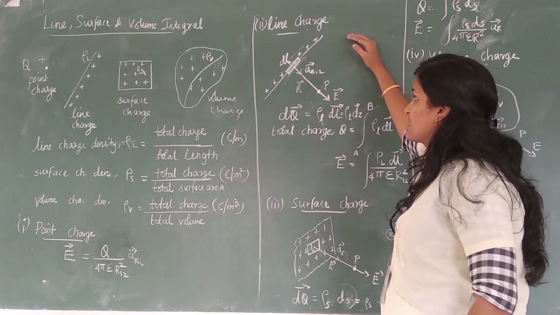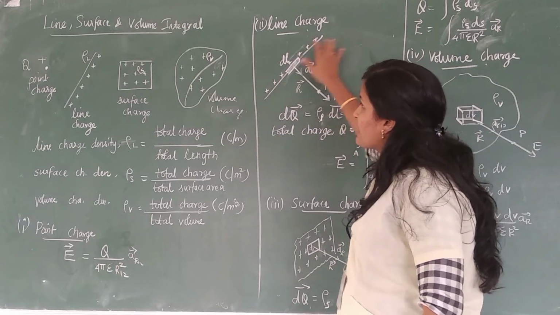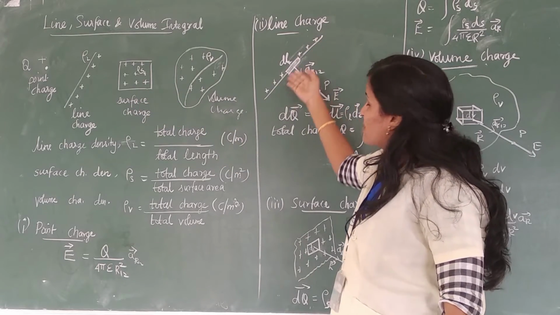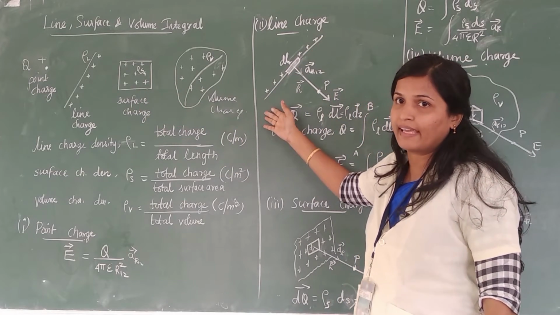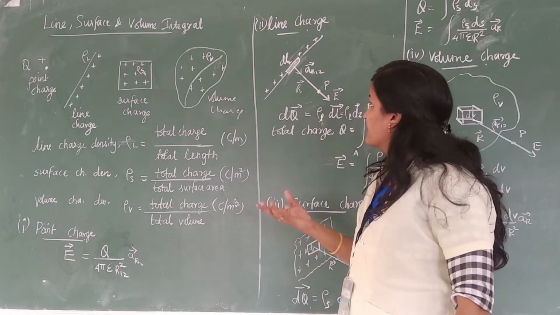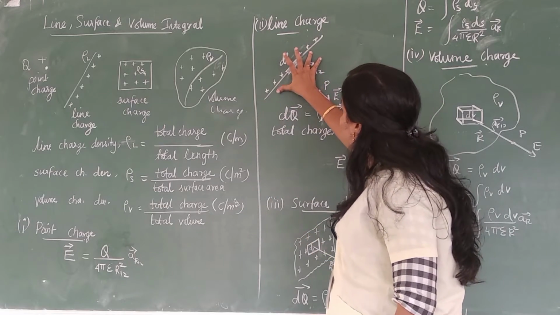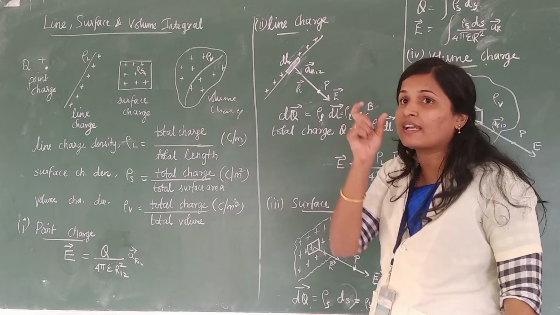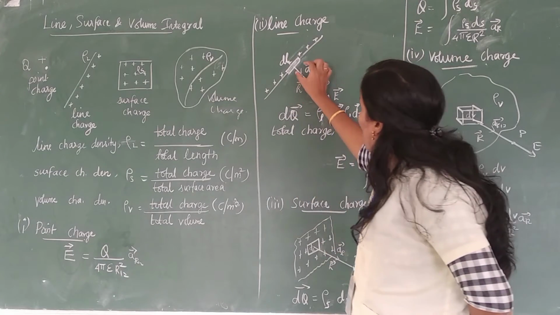Next is the line charge. We know what a line charge is: the charges distributed over a line or the length of a conductor. In order to analyze that full length, we consider only a small length.